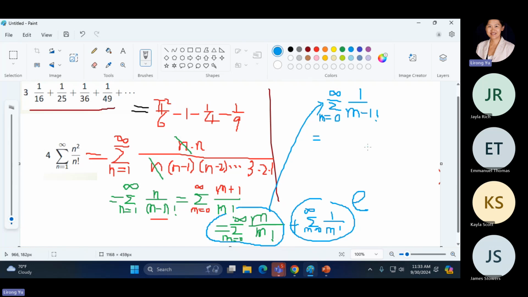But if I cancel it, m minus 1 factorial, it's going to be bad. Right. Shouldn't cancel, because m starts from 0, right?